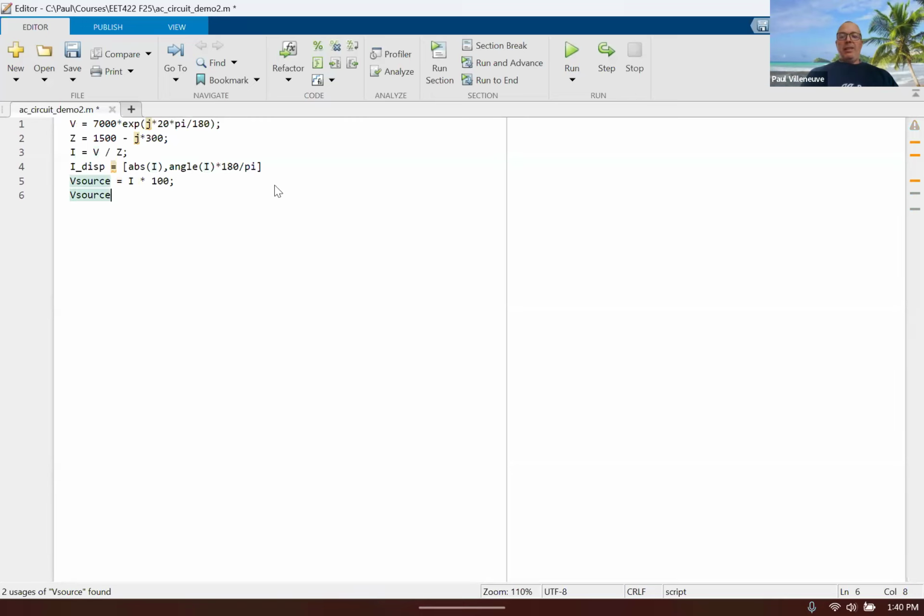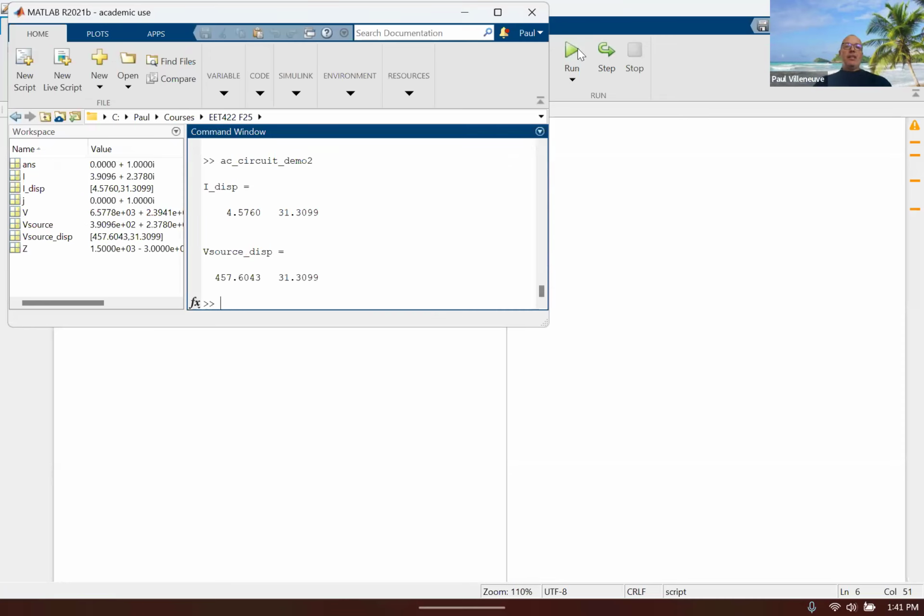So I multiply I by 100, but again, it's going to be a complex number. So I want to display my voltage. So it's the absolute value of the source and the angle of the source times 180 over pi. Okay. So now I'm going to multiply that and run that all out.